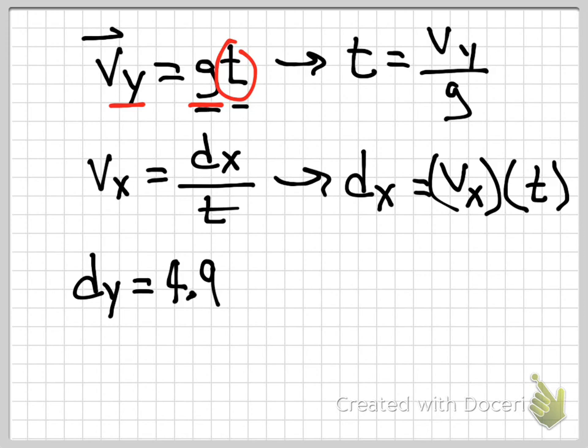All right, so that's your vertical distance, horizontal velocity, horizontal distance, time, and your vertical velocity. Okay?